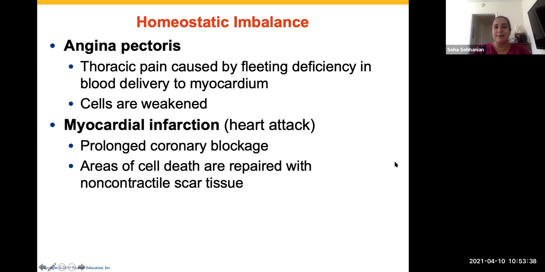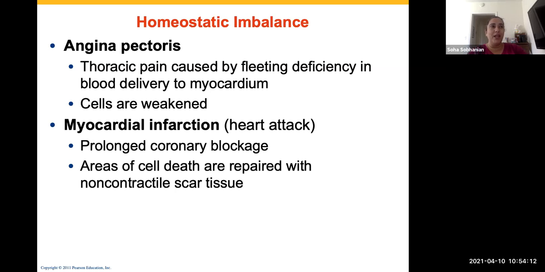A lot of the time I ask my students, can someone with a heart attack fully recover? And the answer is no, because the cells that are dead are replaced with non-contractile cells that can't actively pump blood.